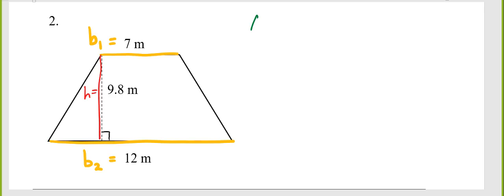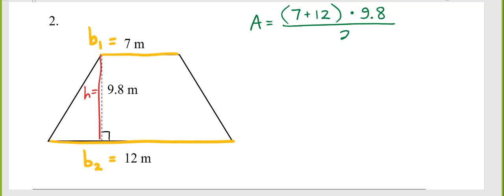The area formula says add up your bases, 7 plus 12, put that in parentheses. Then I'm going to multiply that number by my height, 9.8, and divide the whole thing by 2. Now, 7 plus 12 is 19. So I have 19 times 9.8 all over 2.